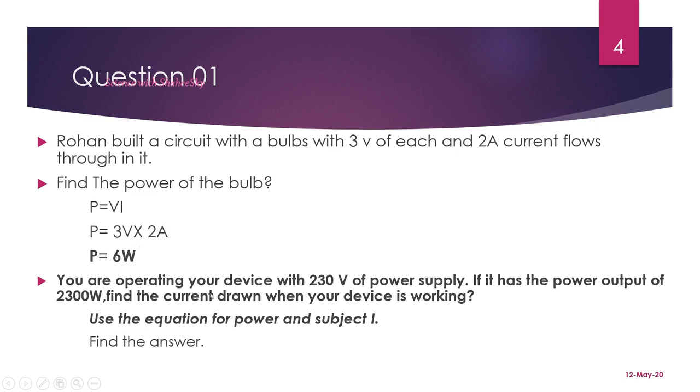Children, here they have mentioned the value of power as 2300 watts and the voltage of the device is 230 volts. So, in this question you have to find how much current flows through this device while it consumes 2300 watts of power. So, you have to make I, the current, the subject in the equation.